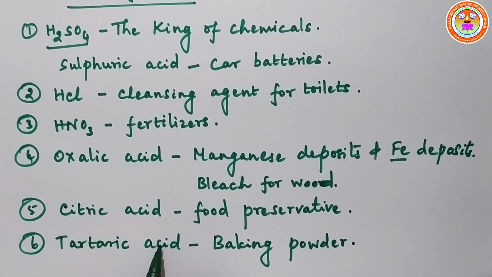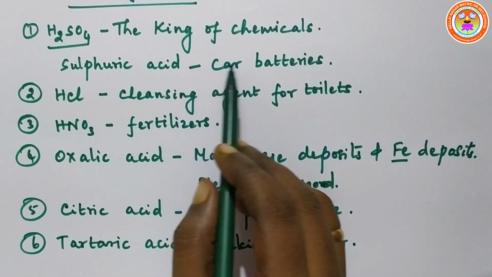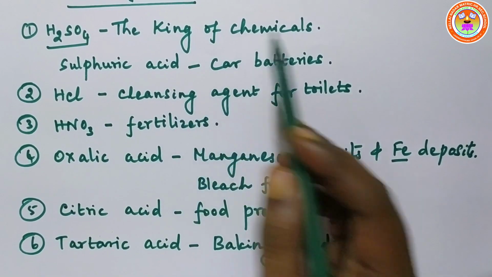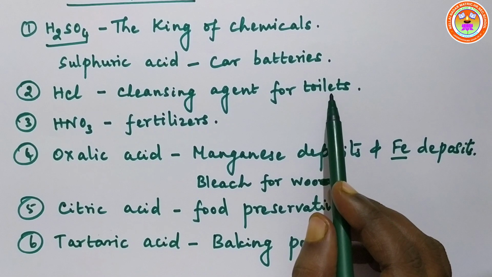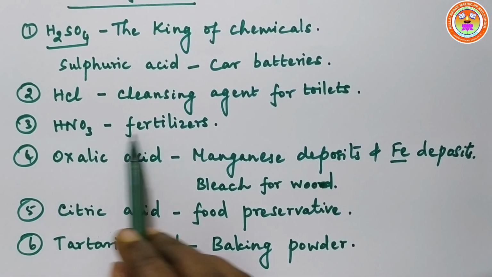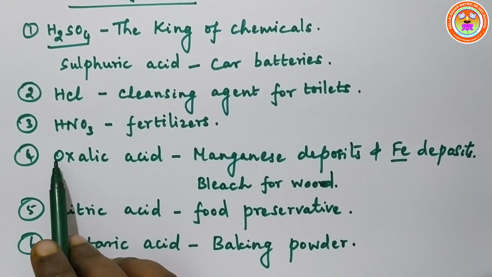So these are some of the important uses of acids. Okay, children. Sulfuric acid is used in car batteries, called the king of chemicals. Hydrochloric acid is used as a cleansing agent for toilets. Nitric acid is used in the preparation of fertilizers.